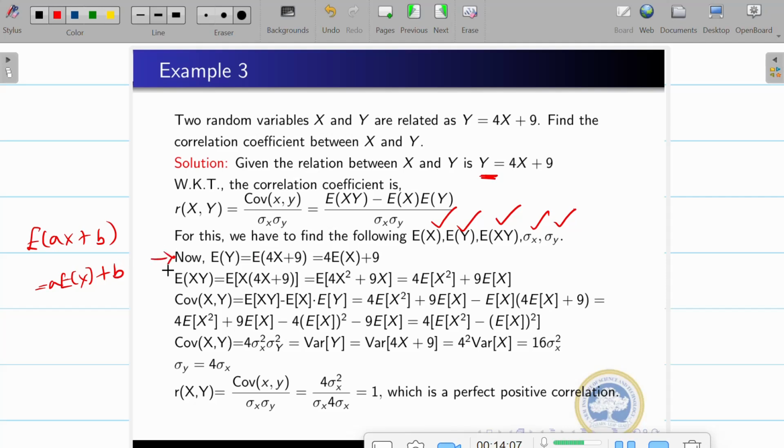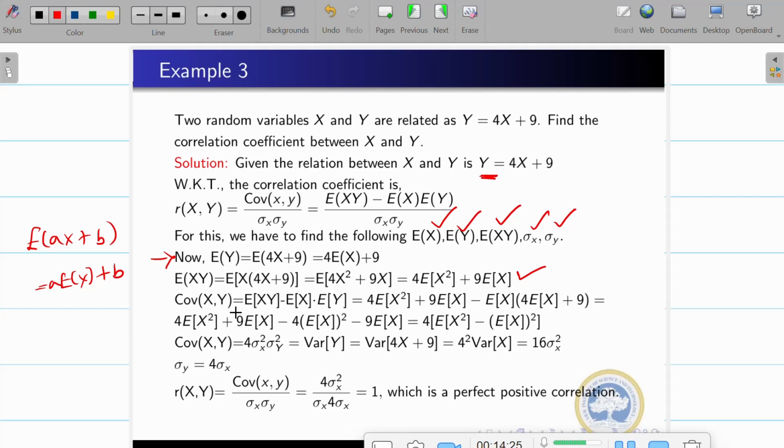Applying this, we get 4 expectation of x plus 9. Now expectation of xy: x into y is x times (4x plus 9), simplified, 4x square plus 9x. Again applying the expectation property, we get 4 expectation of x square plus 9 expectation of x.